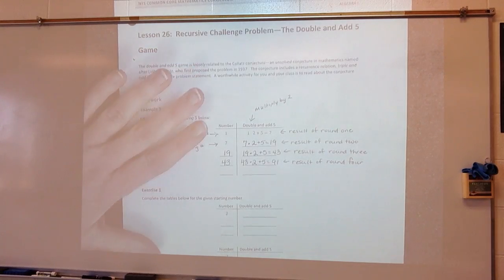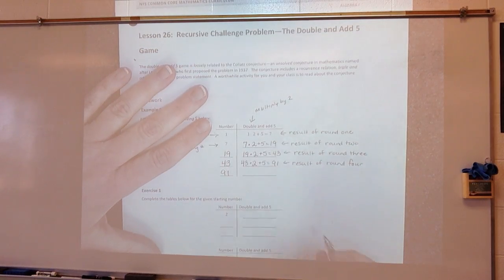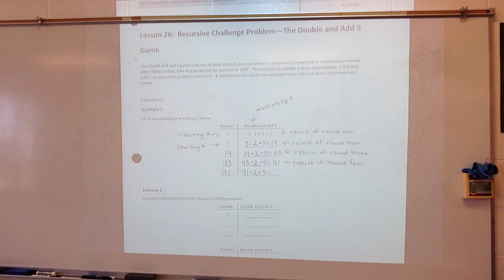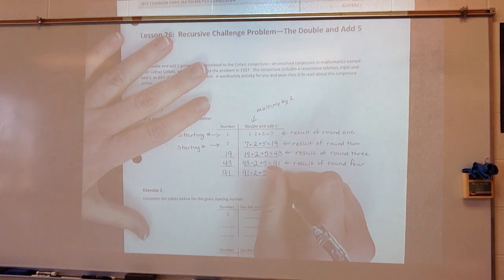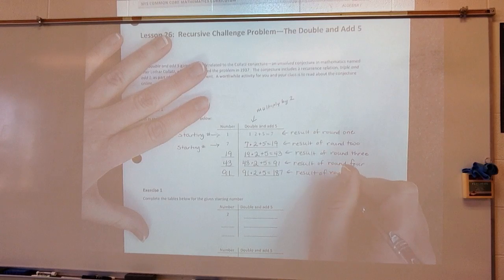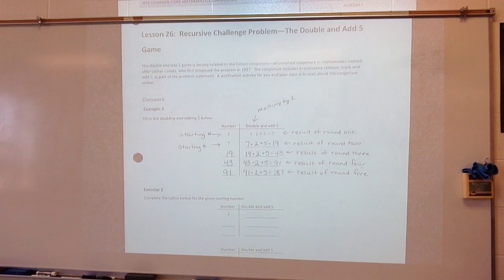Alright, I'm going to take 91. So we have 91 times 2 plus 5. So 91 times 2 is 182. 182 plus 5 is 187, and that is the result of round 5. So we had 5 rounds.